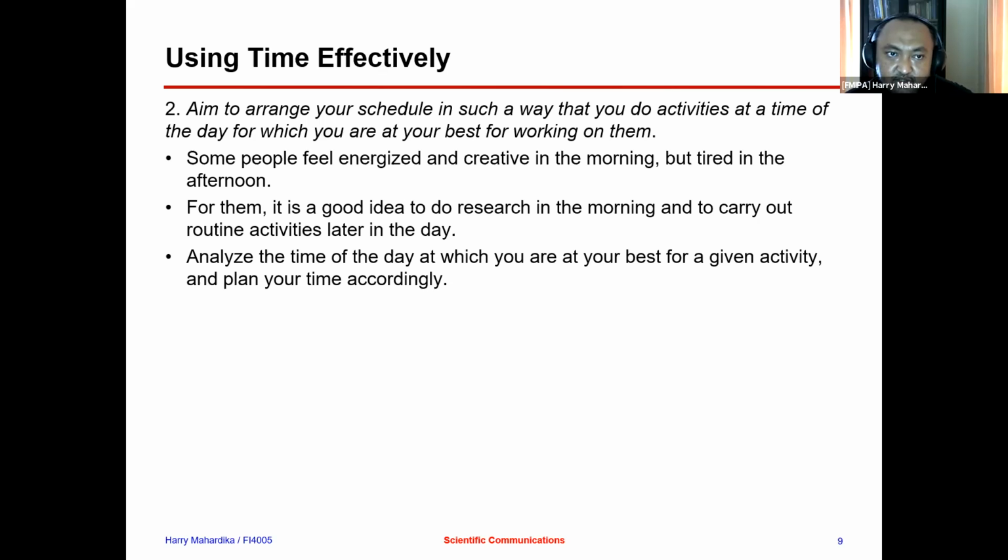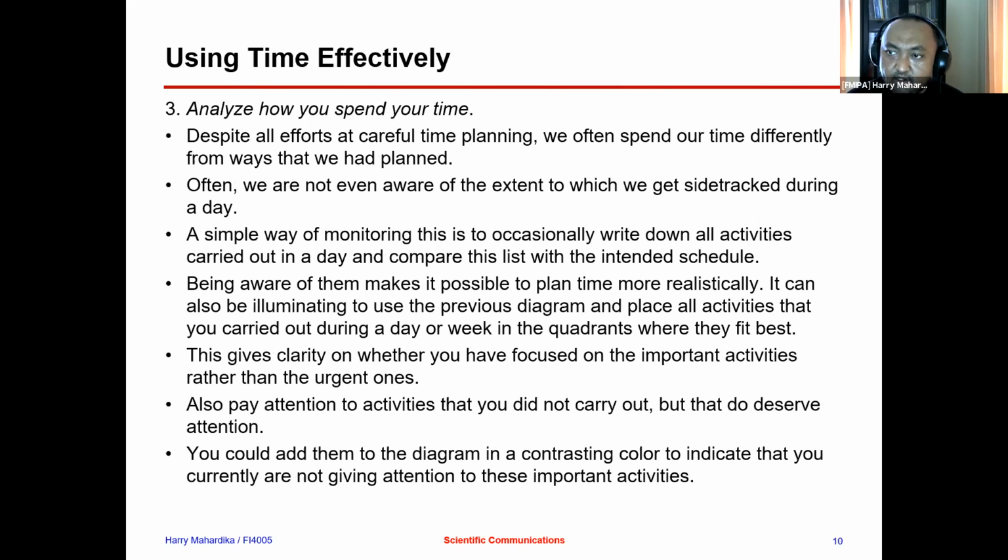And then the third one is to analyze how we spend our time. Despite all effort at careful time planning, we often spend our time differently from the ways that we have planned.